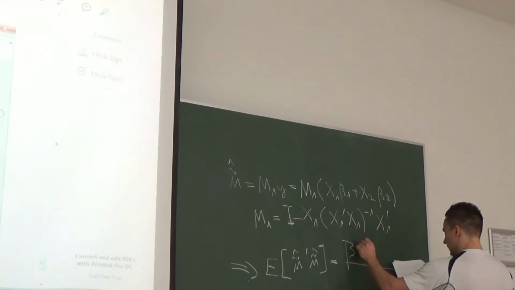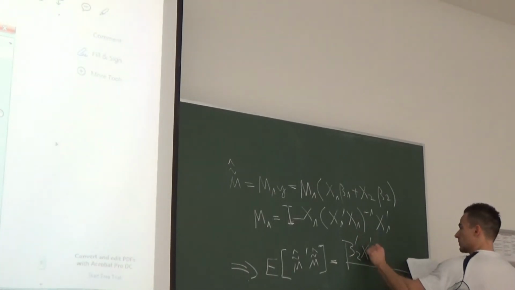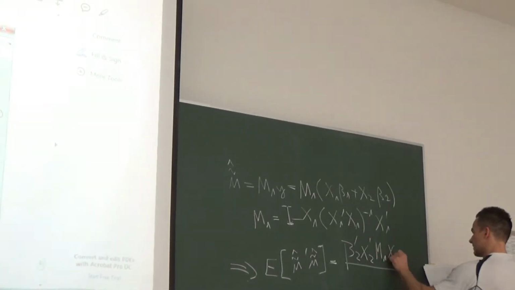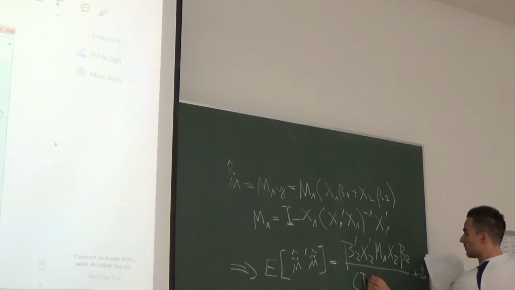It's a function of beta 2 plus the real residual variance, divided by the degrees of freedom, which is t minus k1 minus 1.